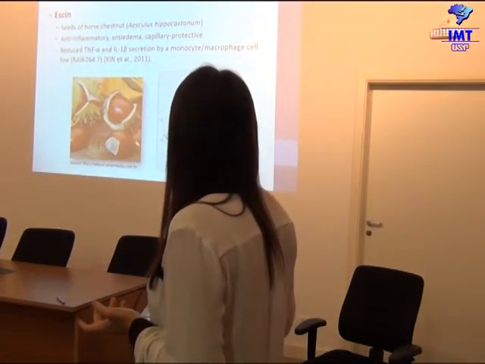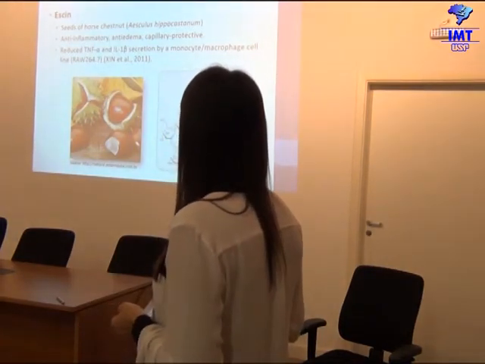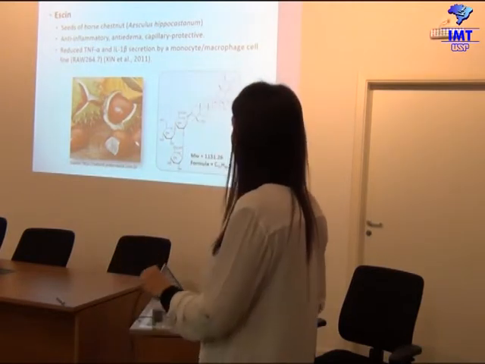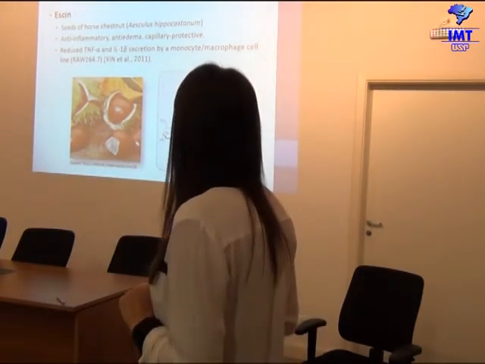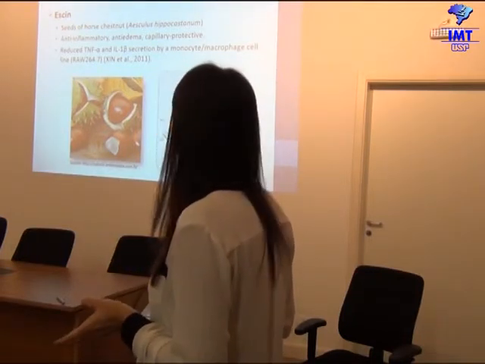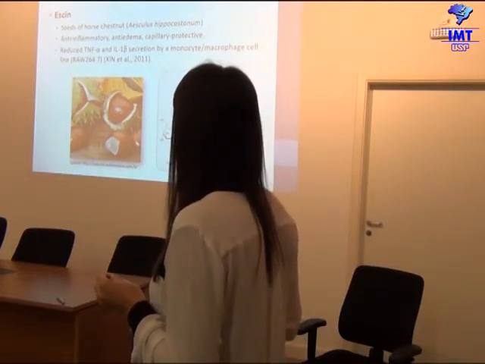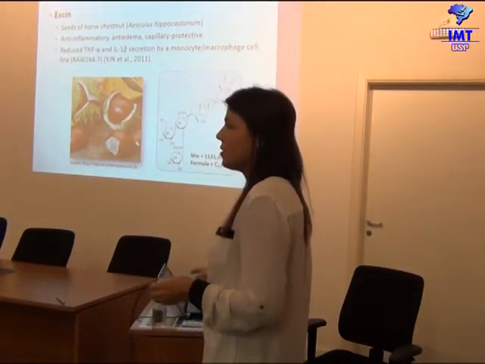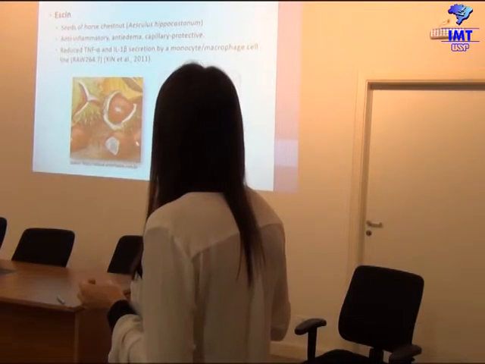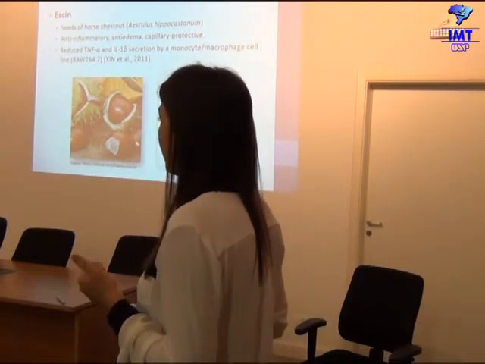The third step of this study, once we have the model set up, is that we can test different compounds to see if they can interfere with the increase in vascular permeability caused by dengue infection in vitro. We chose this compound, escin, which is a natural compound extracted from seeds of horse chestnut. It's already used clinically as an anti-inflammatory, anti-edema, and capillary protective.